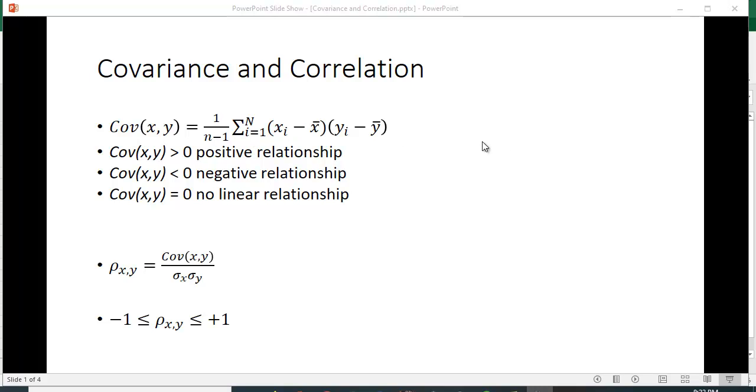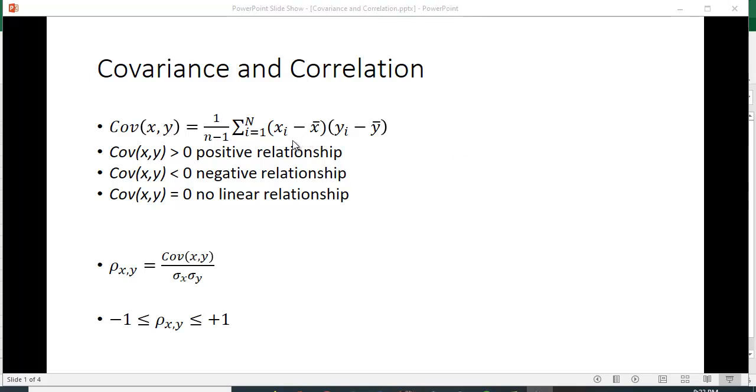So let's just think about how this works intuitively. So if most of the time when x is above its average, y is also above its average, you get a positive number here times a positive number here, you get a positive number. Okay, it doesn't have to be that way in every single situation, but let's say most of the time that occurs.